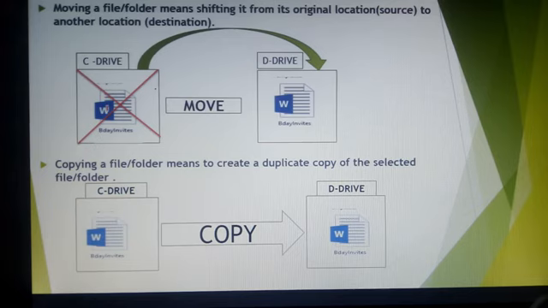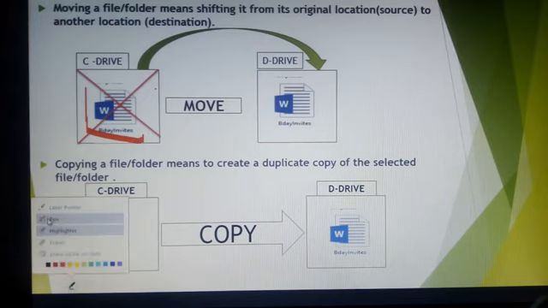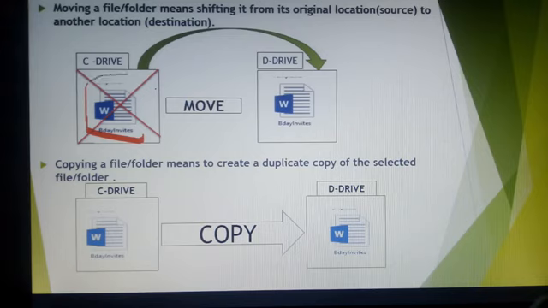First of all, the file is present in the C drive. So the C drive is called the source location, meaning the original location, and where you want to move it is called the destination location. That is the D drive.